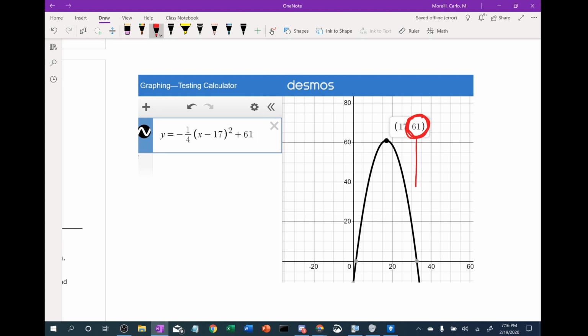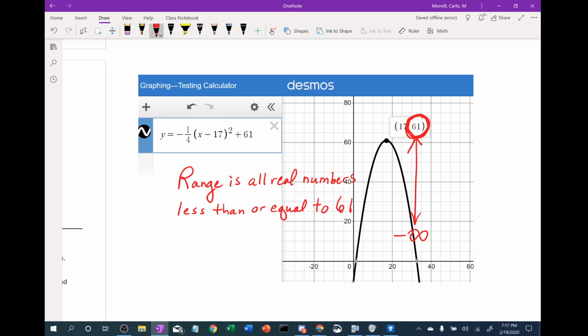Basically this goes down to negative infinity, and it goes all the way up to 61. So we would say that the range is all real numbers less than or equal to 61.